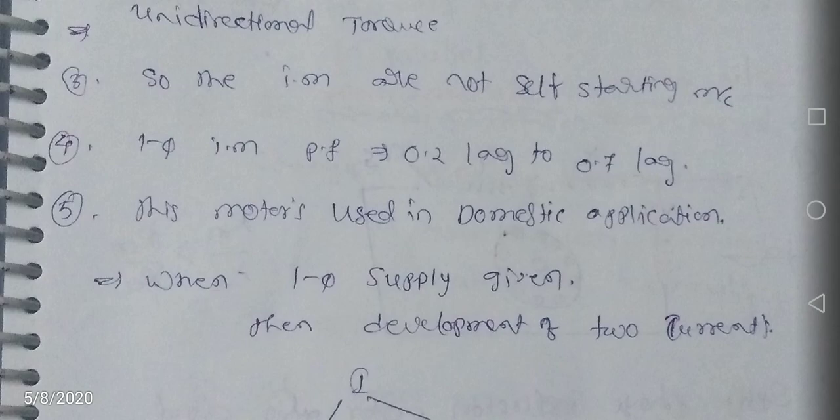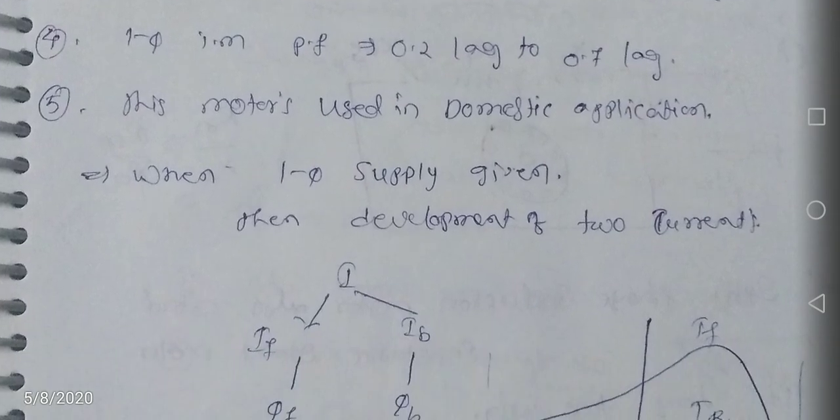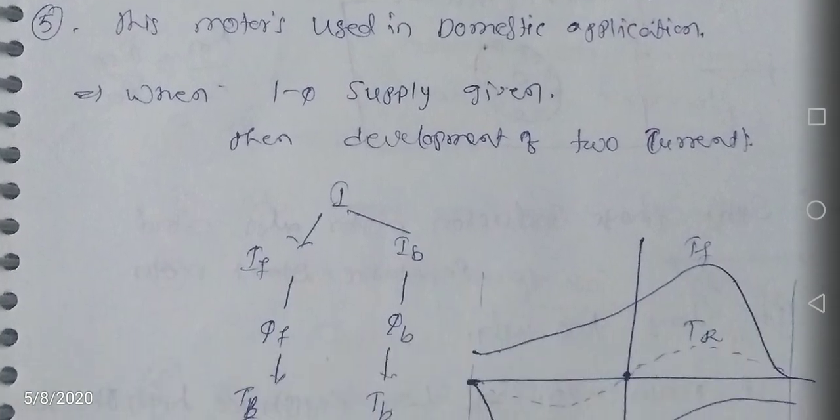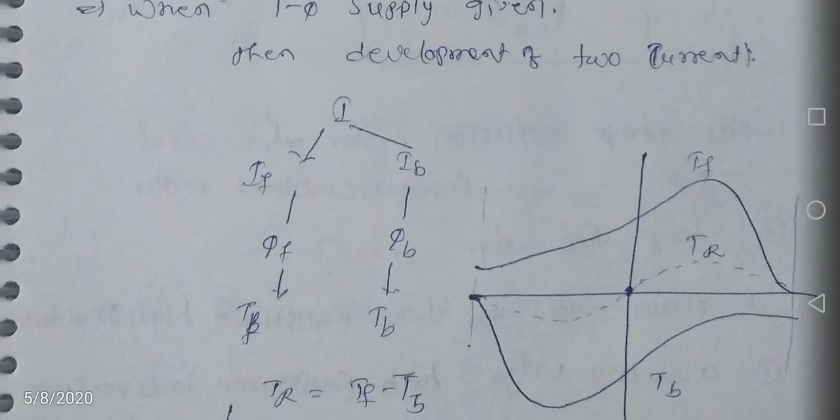When single phase AC supply is given, there is development of two currents. The supply current splits into two: forward current and backward current.